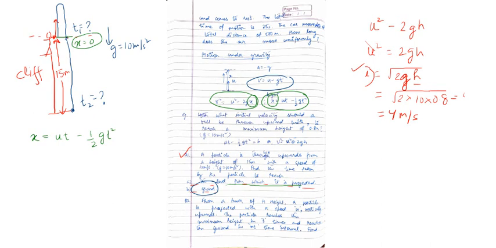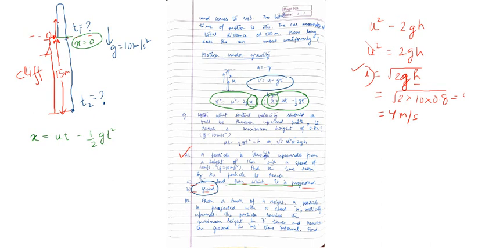So x is equal to ut minus half gt square, this is the equation which we have to use. The particle would be at x equal to 0 when it is at the point of projection.